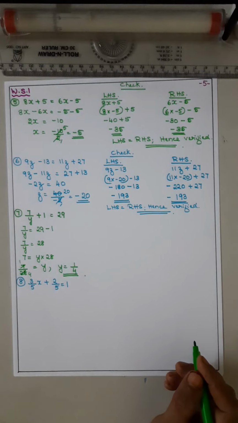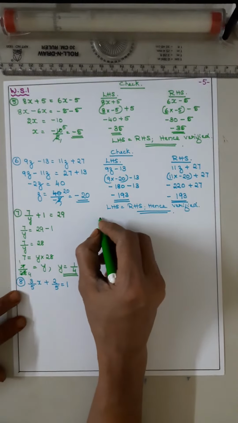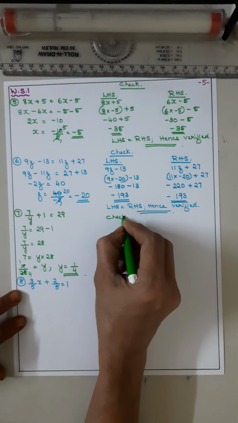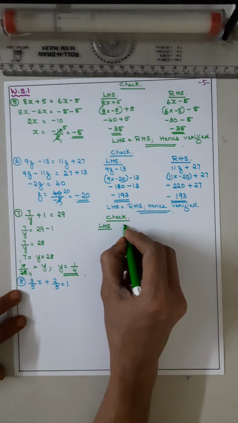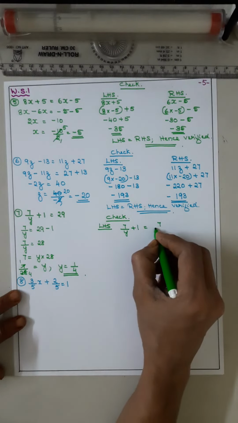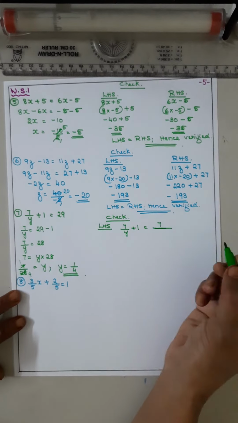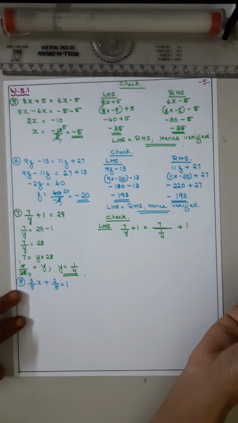Is it clear? Take care here. Now coming to check. LHS. 7/y plus 1 is equal to 7 over, draw a big line, 1/4 plus 1.